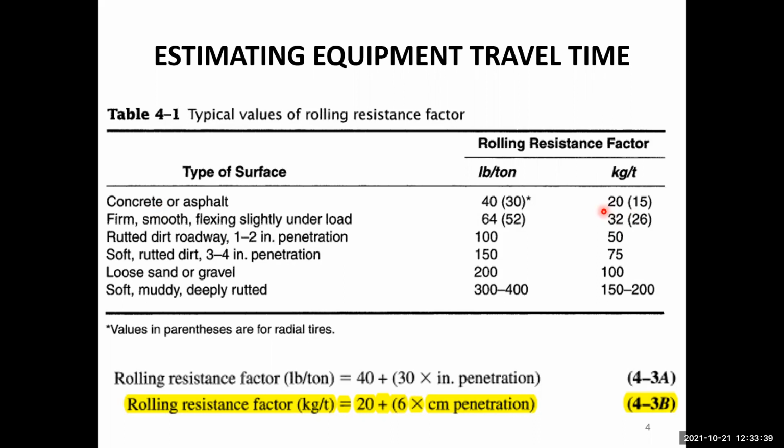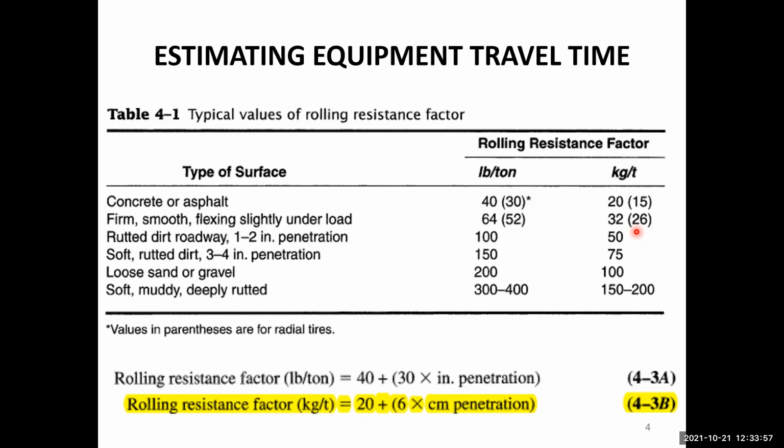Okay, 20 kilogram per ton. There are also some values in parentheses, for situations where some other types of tires are used.